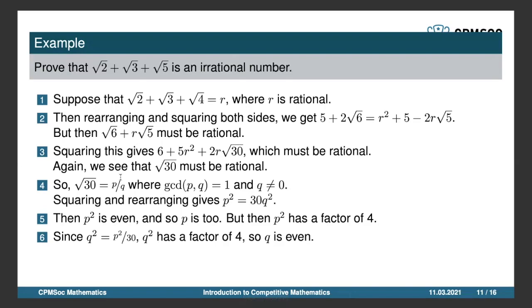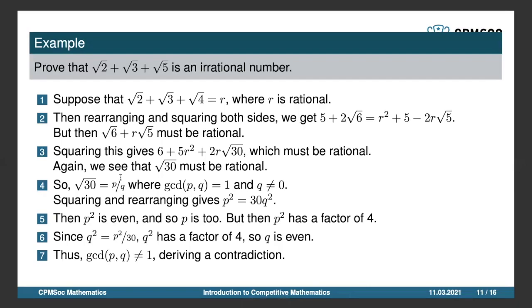Now if you write Q squared as P squared divided by 30, since P squared is divisible by 4, but 30 only has 1 factor of 2, that means that P squared over 30 will still be divisible by 2. And so it means Q squared is divisible by 2. So that forces Q to be divisible by 2. So Q has to be even.